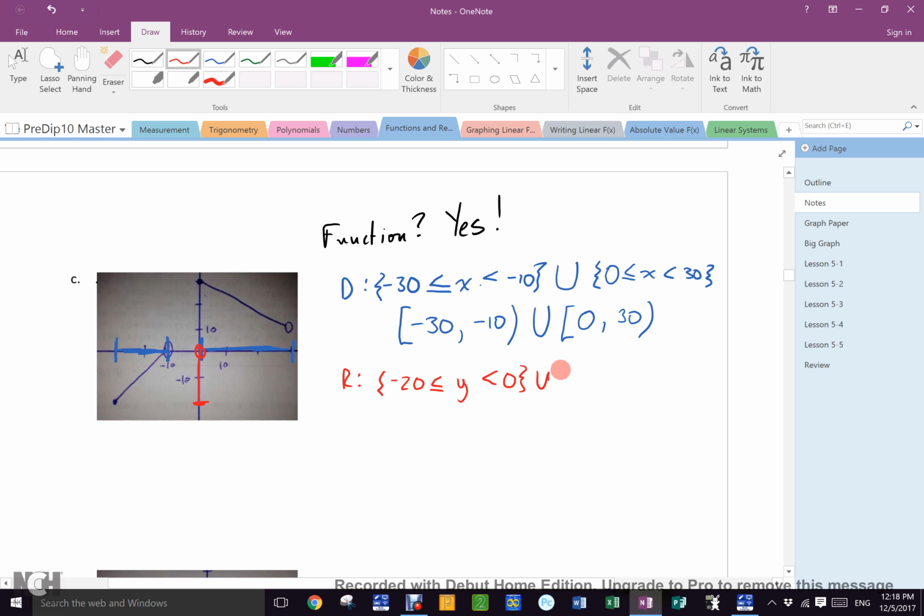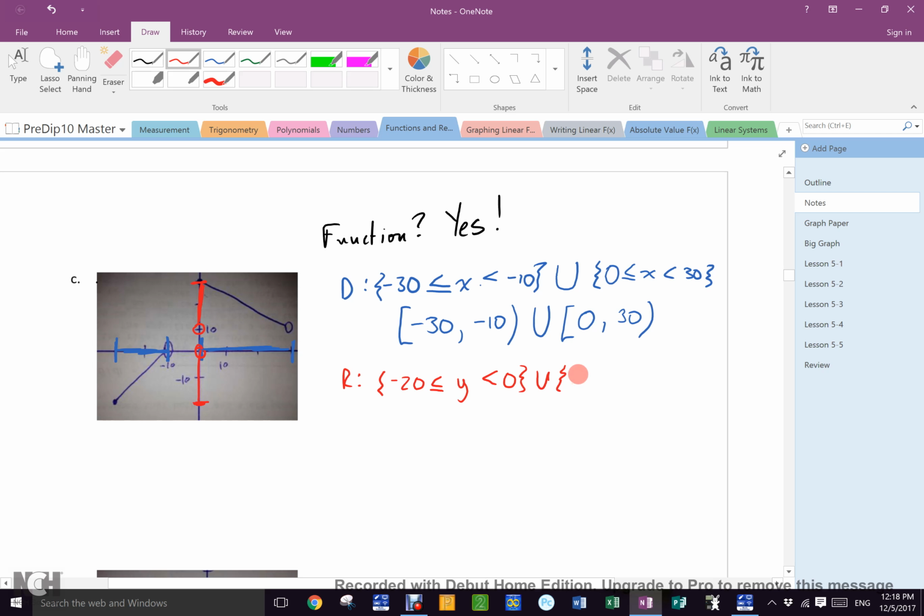What is this one? 0. No. 3, 4. No. 10, 30. Is 10 included? Oh, yeah. No. Why? Open dot. Then it goes up to what? Is 30 included? Yeah. Great.